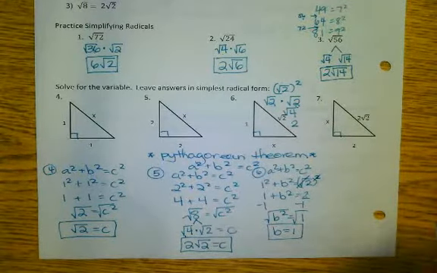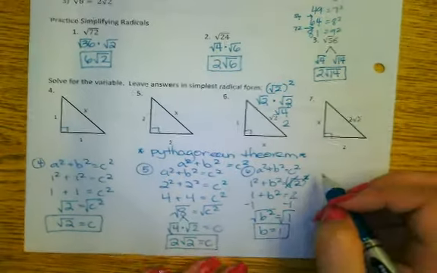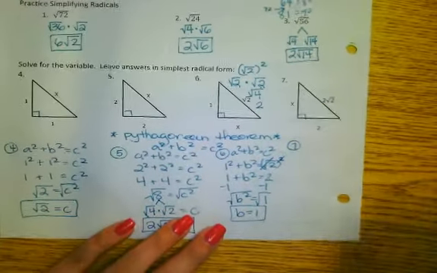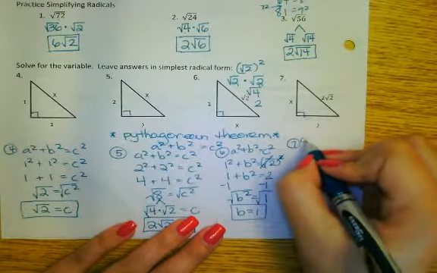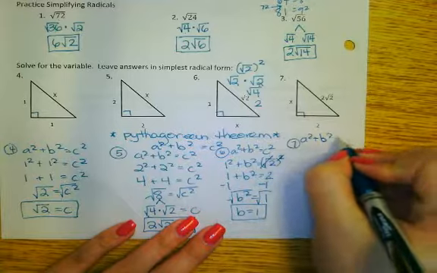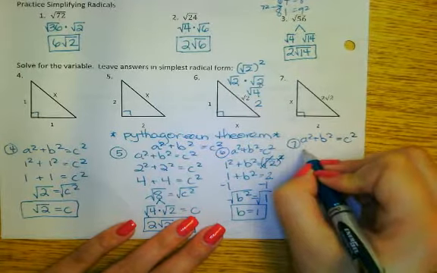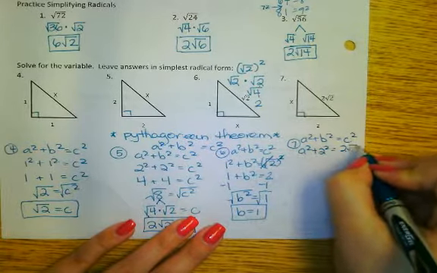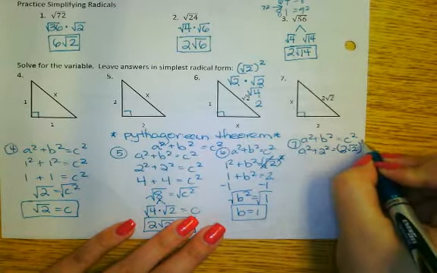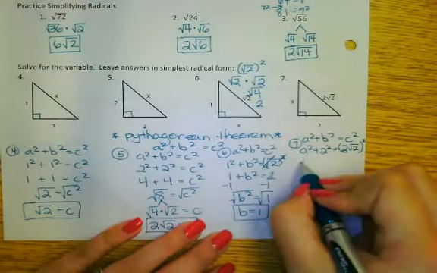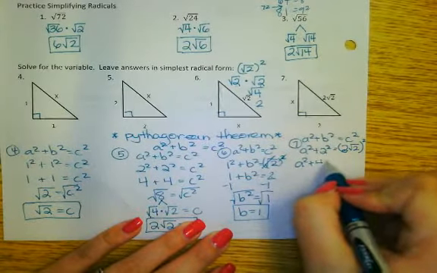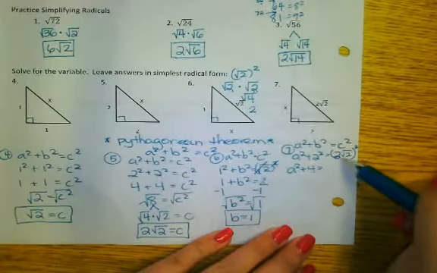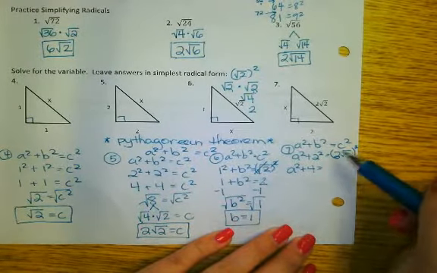Number 7, it's going to run out of room probably. Leg or hypotenuse? Leg. So we have a squared plus 2 squared equals 2 radical 2 squared. So you have a squared plus 4 equals. This time, when you have a number and a radical being squared, you have to make sure you square both terms inside.